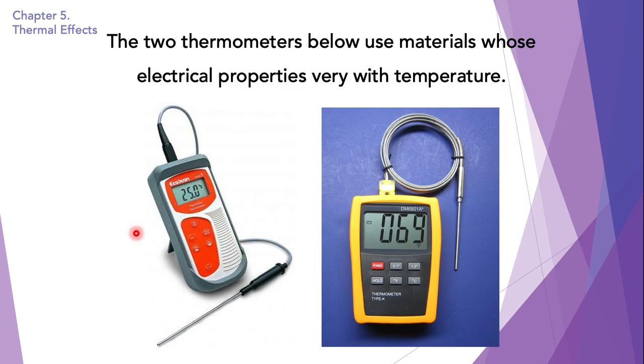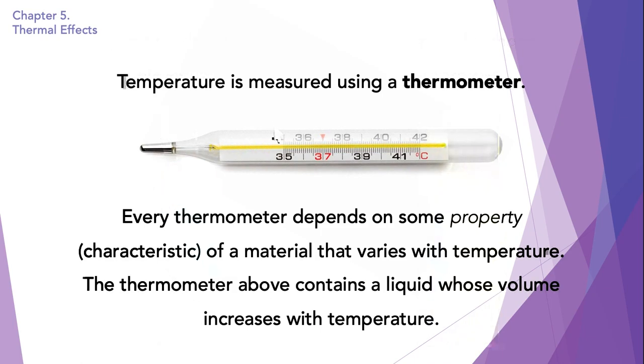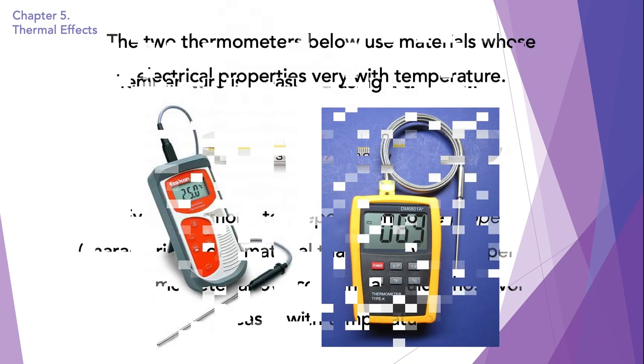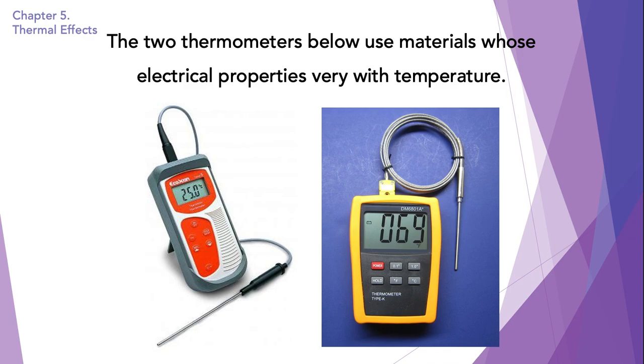Which means that maybe this thermometer would show a different reading from this thermometer, because their chosen properties may not vary with the temperature in quite the same way. But the difference is not going to be huge. It's going to be just a small difference, and that's normal. They both will still show the right readings.